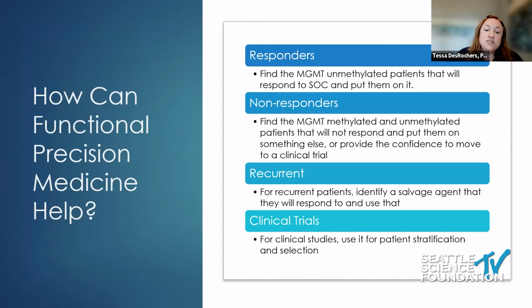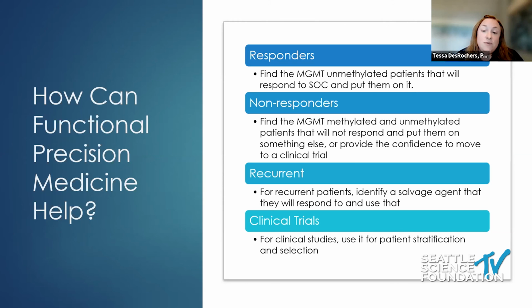So how can functional precision medicine help? For responders to TMZ, we can find the unmethylated MGMT patients that will respond to standard of care, and you can put them on it. For the non-responders, you can find both the methylated ones that won't respond and the unmethylated, and you can put them on something else, or you can provide confidence to move to a clinical trial. Since it's usually a panel of drugs, oftentimes it will identify other compounds that they would probably respond to according to the test results.